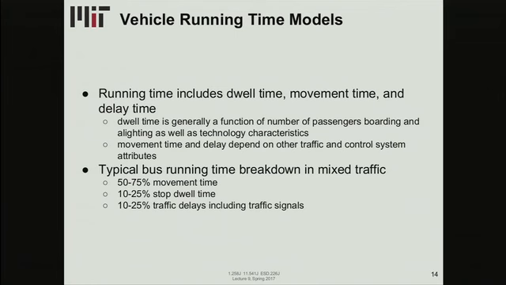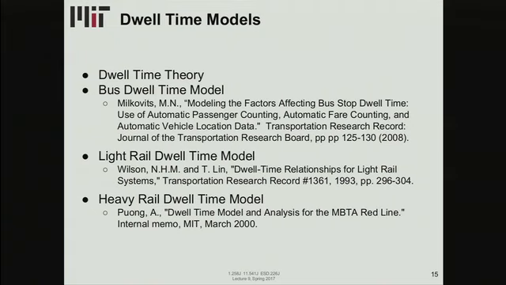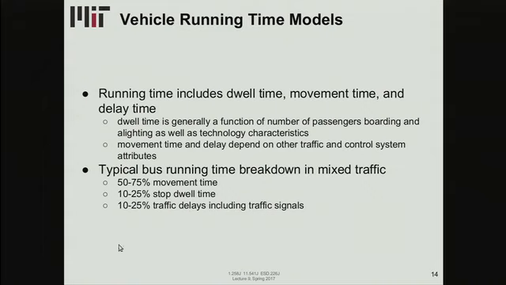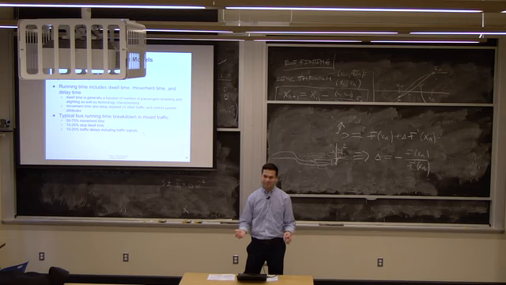Any other questions? Okay, so let's look at some dwell time models. Dwell time models are a component of running time models, because dwell times are one of the key pieces of running times. And another point about movement time, dwell time, and delay: which of those three do you think the agency has most control over? Dwell times, right? Why? Can an agency usually diminish traffic or do something about traffic signals?